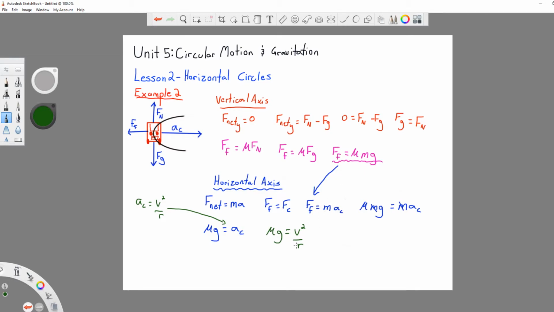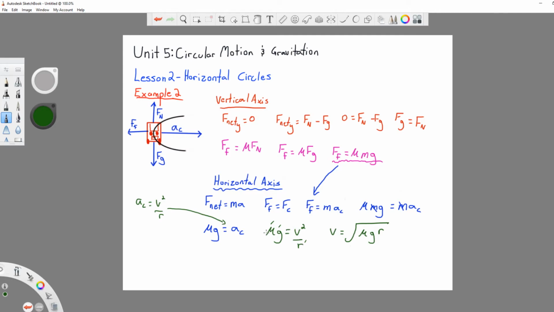It gives us radius, it gives us mu, and we know g. We can solve for the velocity. So we can say that velocity is equal to the square root of mu times g times r.